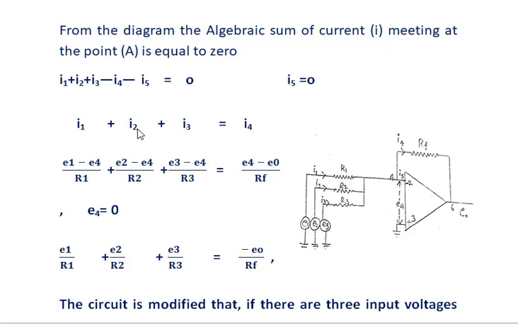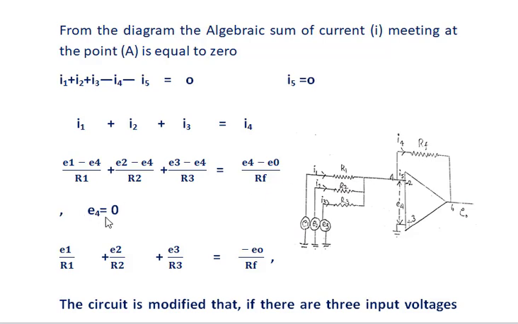The same way, I2 is E2 minus E4 by R2, and I3 is E3 minus E4 by R3. The current through the feedback resistor is I4, equal to E4 minus E output divided by the feedback resistor RF.